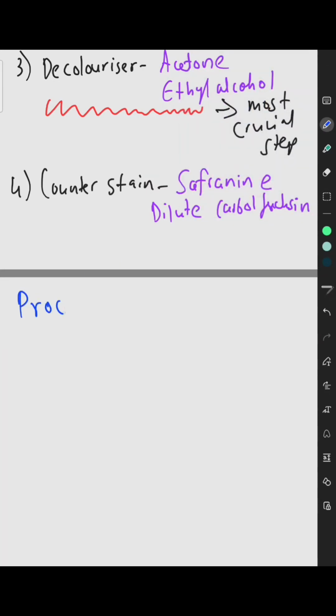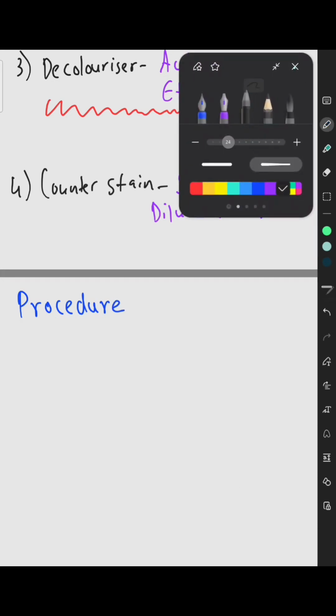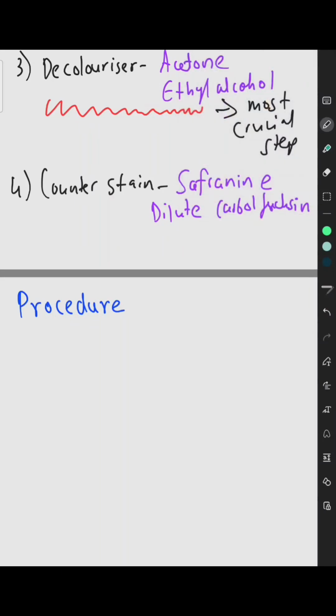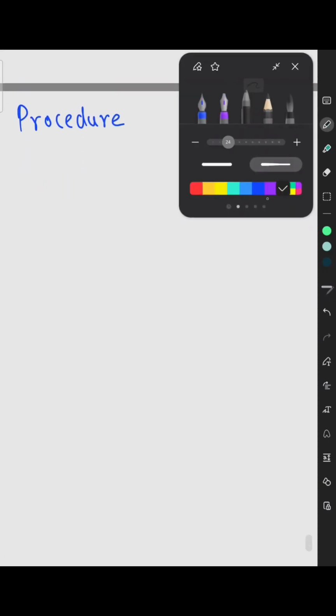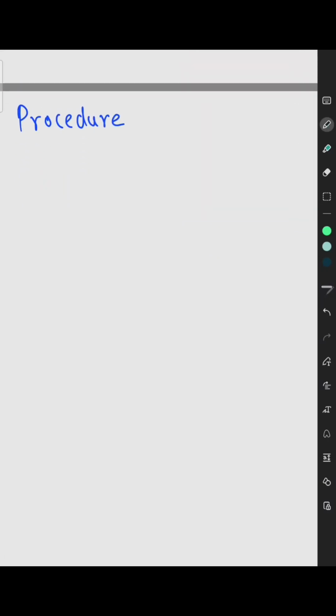Now let's actually perform the procedure. First we will make a smear onto a clean glass slide and heat fix it. After that, do the procedure as follows. The first step is to add the primary stain.